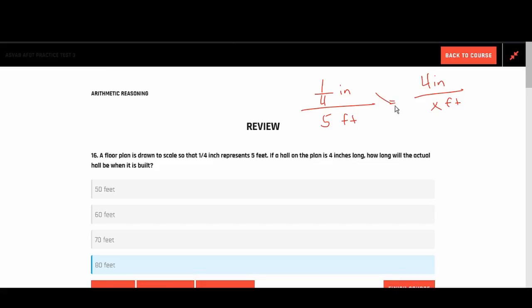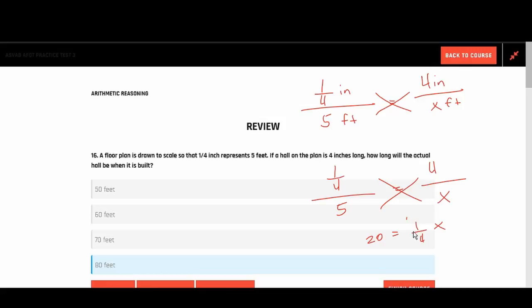As I said, when we have proportion problems, we cross multiply. That is, I do 1/4 times x, 5 times 4. I just put the measurements in there so you can set up your proportion. When you do the math, you actually need to take them out. So it's going to look like this. Now we can cross multiply. 5 times 4 is 20. 1/4 times x is 1/4 x. Now we're solving for x.